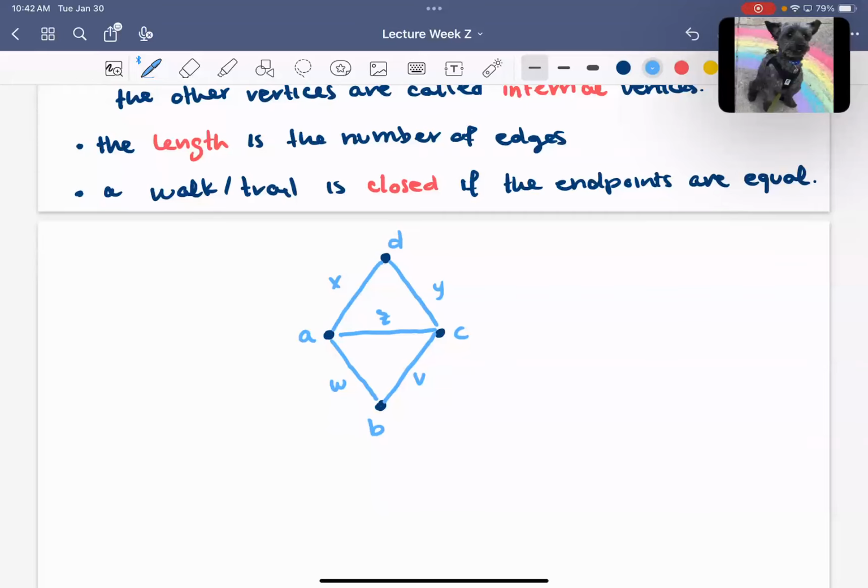So I'll write down a walk, a trail. We'll just kind of distinguish some of these things. So, for example, a walk might be A, Z, C, Y, D, X, A. So that's an example of a closed walk of length 3.